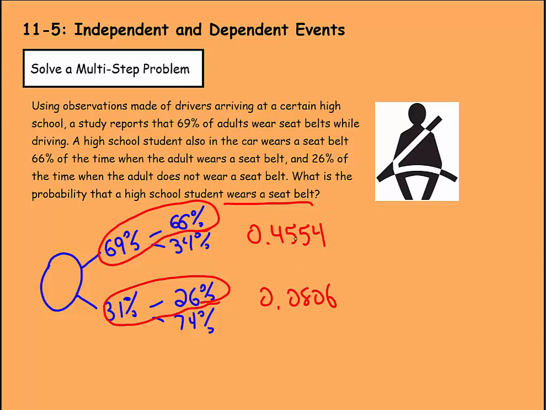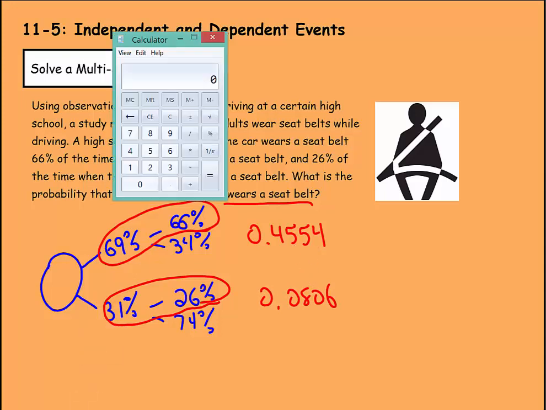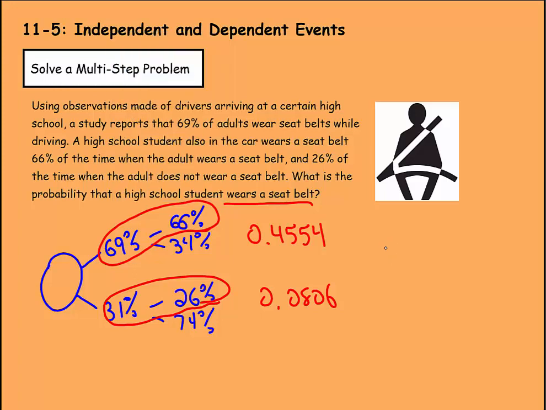So if we added these together, that would give us a snapshot of how many high school students wear seatbelts. So we have the 0.4554 plus the 0.0806. That gives us a decimal of 0.536. If you want to make that a percentage, that would be 53.6%. And that would be the percentage of high schoolers that wear a seatbelt.